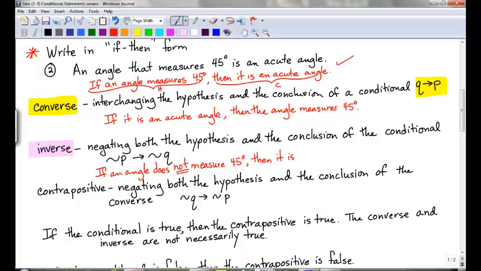It is not an acute angle. Okay. If an angle does not measure 45, so you go all the way back up to the original, and you're basically looking at this. You negate them both. Okay. And this original up here is actually, this is P implies Q. That was our original.